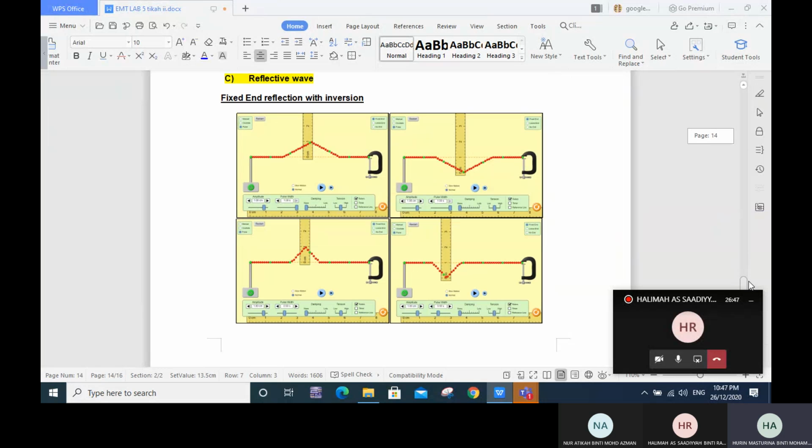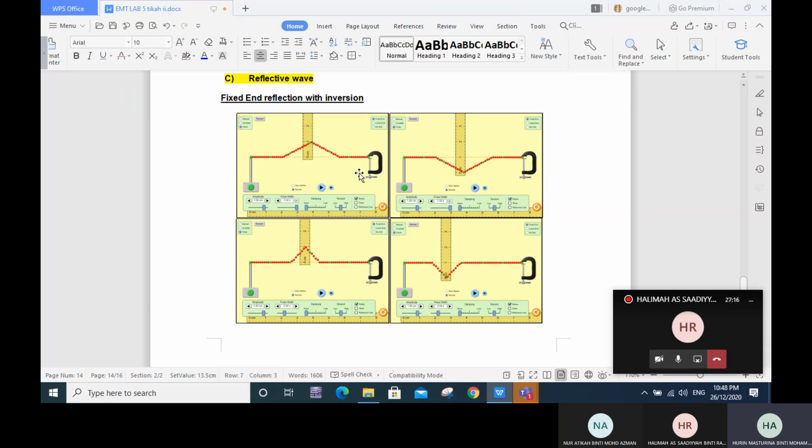First, on these two figures, for the first one, we have tried the fixed end reflection. For these two figures, we set the amplitude at 1 cm and pulse width of 1 second with no damping and medium tension.